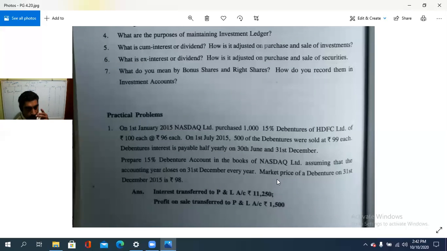On 1st July 2015, 500 of the debentures were sold. Before that, we need to calculate the interest. So interest is by bank. That is how much? 1 lakh into 15% into 6 by 12.